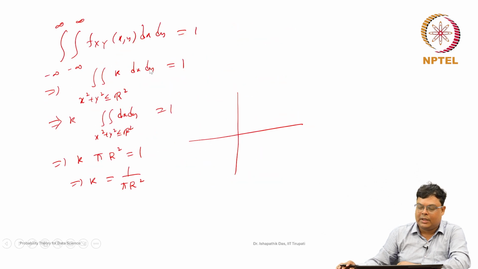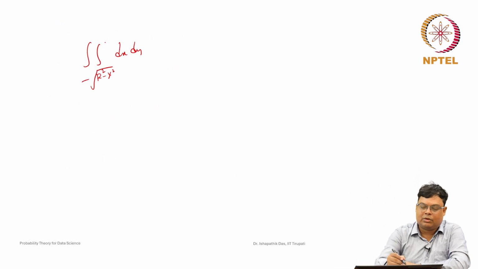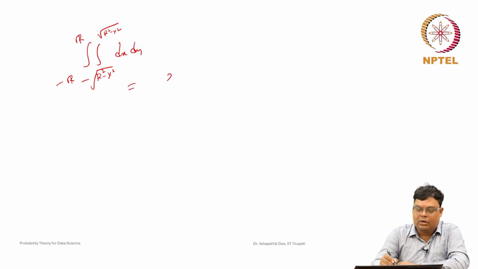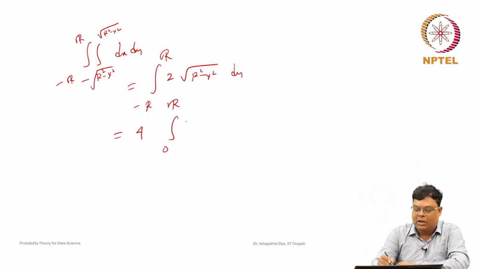So this will be nothing but minus root of r square minus y square to root of r square minus y square, and then this will be minus root to plus root dx dy. So this will be 2 into root over of r square minus y square dy, from minus r to plus r. Because it is an even function in y, if you replace y by minus y, this will be 4 into 0 to r root over of r square minus y square dy.